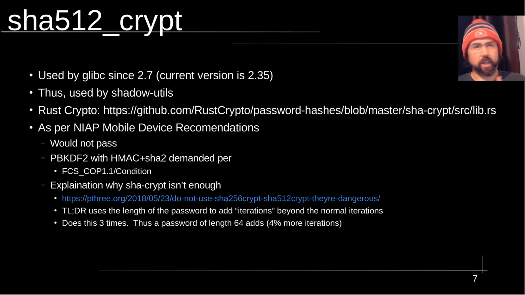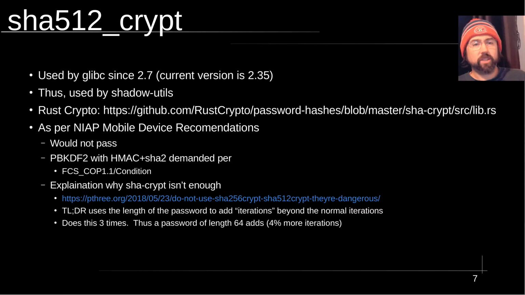For example, smartphones often want to become NIAP verified, and smartphones cannot become NIAP verified if they use the SHA512 Crypt algorithm. Now, of course, we don't really care about NIAP verification on your Linux hardware, your Linux operating system. So SHA512 Crypt is good enough for us.